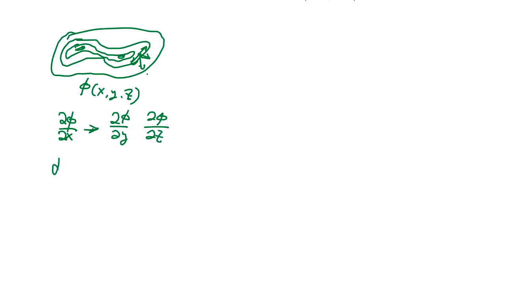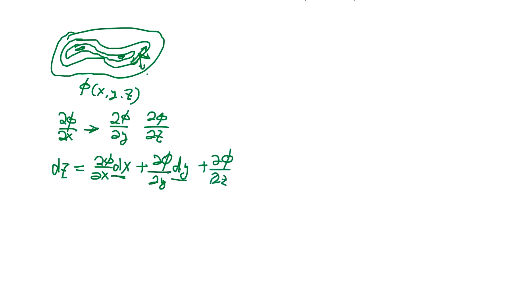So if the height, the altitude, is phi, then this gives the slope on the x coordinate side, and this gives the slope on the y and z coordinates. Then the net change, if you have dx, dy, dz, depends on what values you plug in.